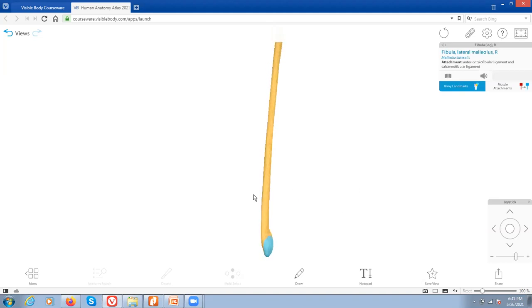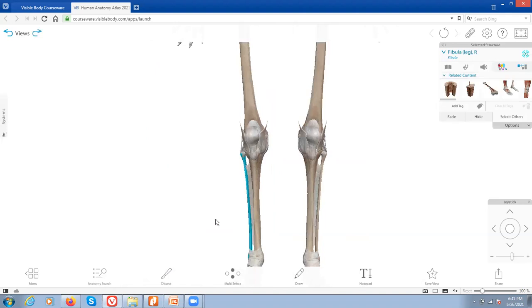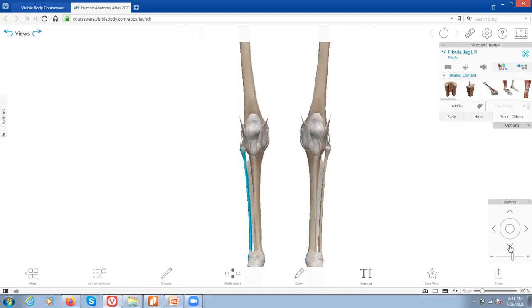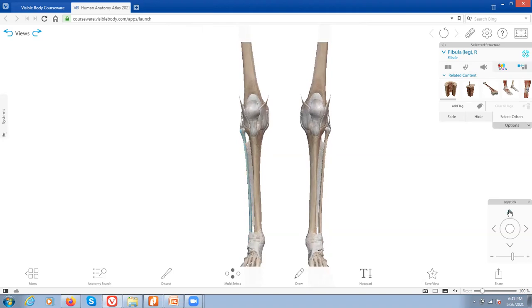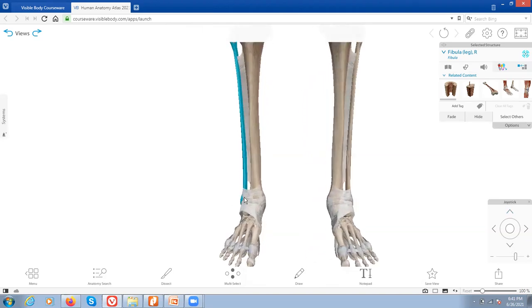Okay, so the lateral malleolus, that's a bump on the side of your ankle that you can feel. And you'll see there's a malleolus on the tibia as well. So with the two large bumps kind of on the side of the ankle, this one was the lateral malleolus, and this one will be the medial malleolus that you'll see in just a bit.